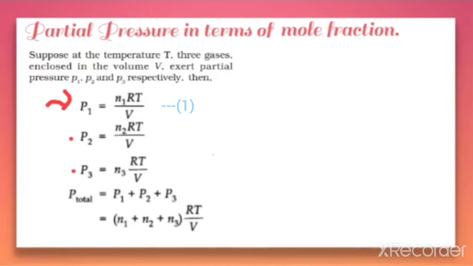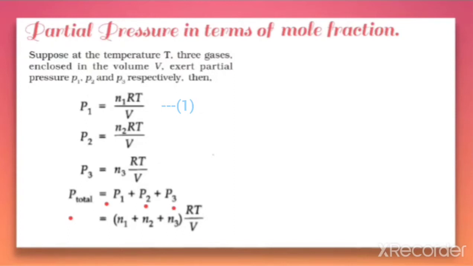According to Dalton's law of partial pressures, if these three gases are mixed in a container, what will be the total pressure? The total pressure will be equal to the sum of their partial pressures, that is P1 plus P2 plus P3.